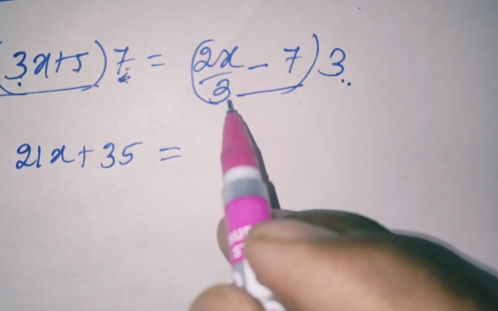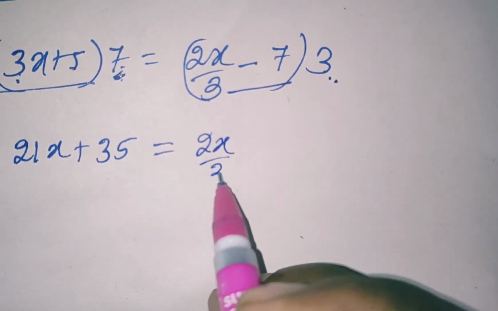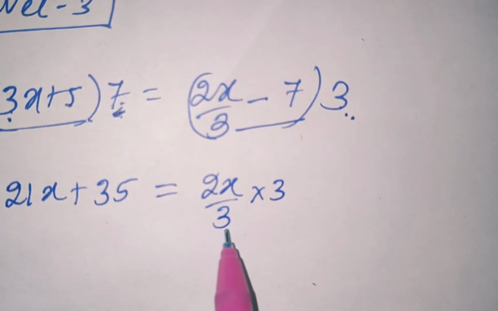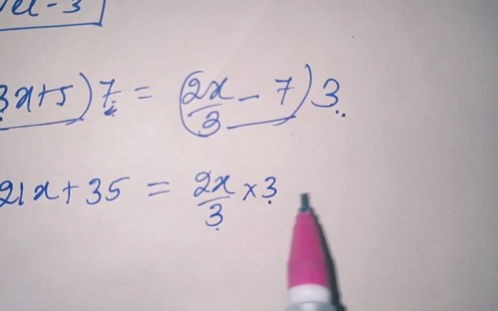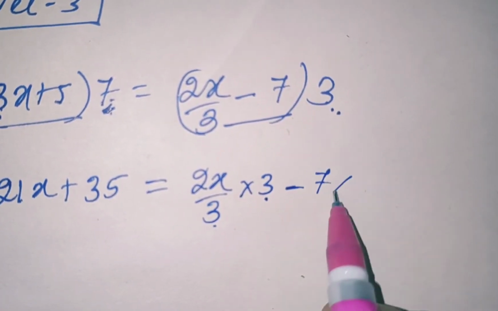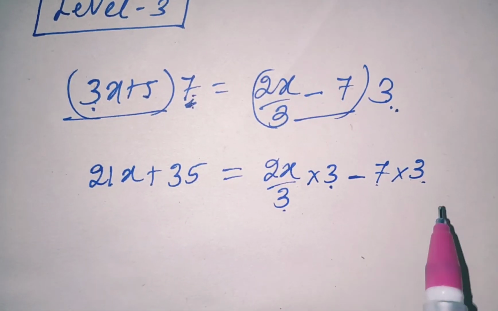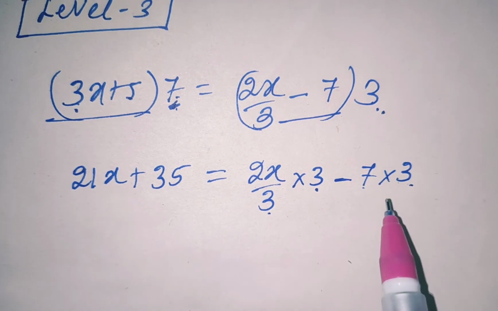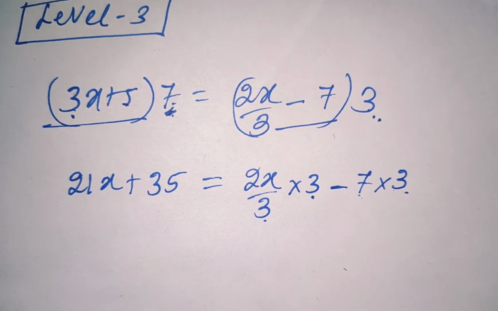Now here see 2x by 3 is there, multiplied by 3. 2x upon 3 multiplied by 3, then here minus 7 into 3. So again normal method, take variables one side and constants another side. Before that you can multiply this. 7 3s are 21.